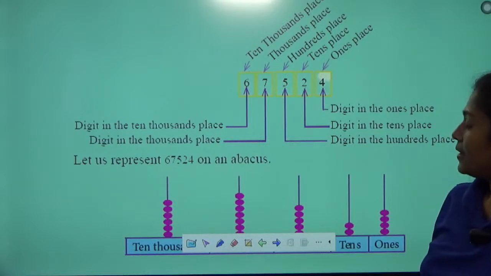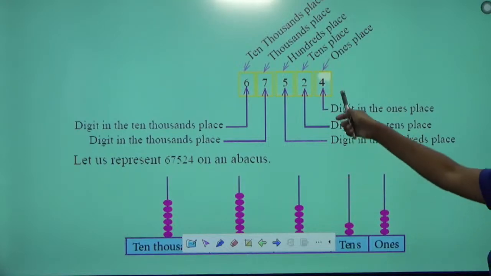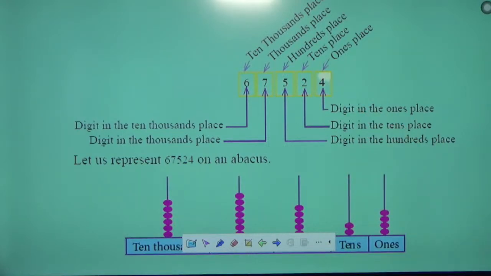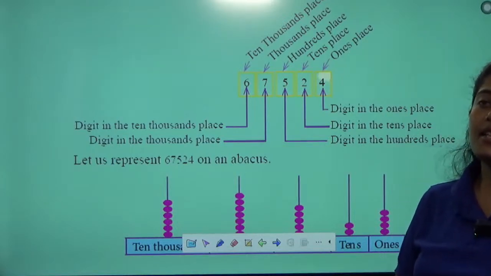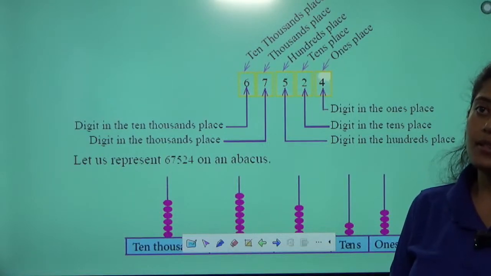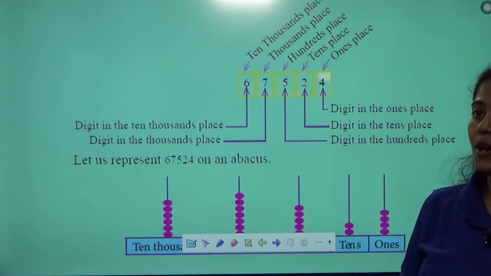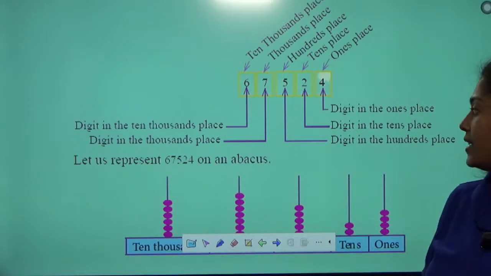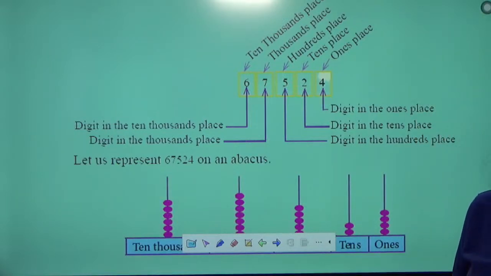Then again you have to identify the digits. Here 4 is the digit in the ones place, 2 is the digit in which place? Tens place. Yes. 5 is the digit in the hundreds place, 7 is the digit in the thousands place, and finally 6 is the digit in the 10,000 place.